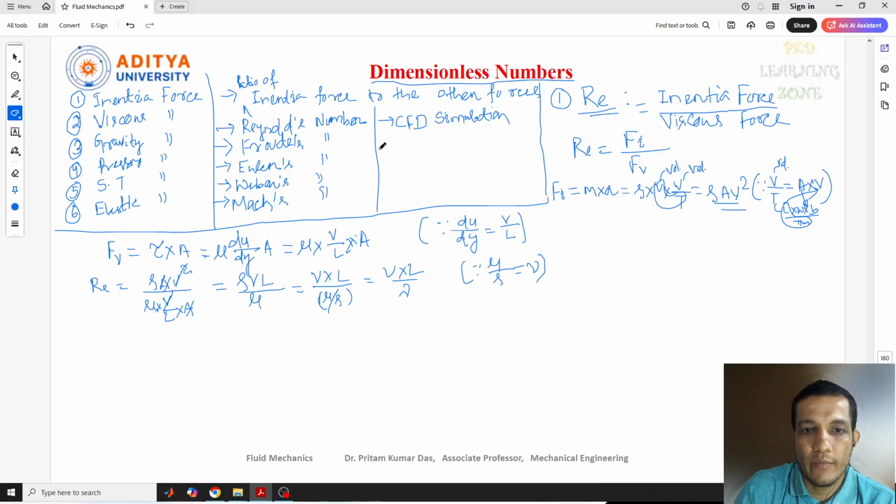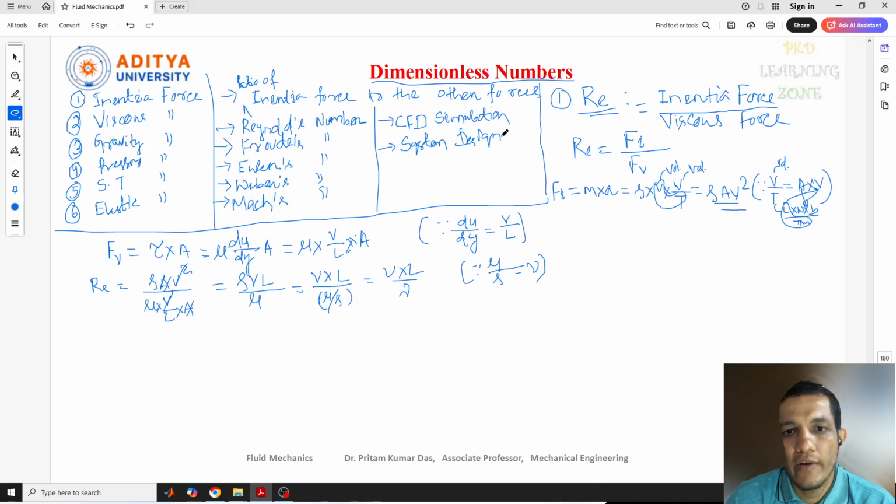This is one example I told you. Or if you are designing any kind of system, mostly when we are designing any construction part, or optimizing some conditions. Suppose a pipeline is there.